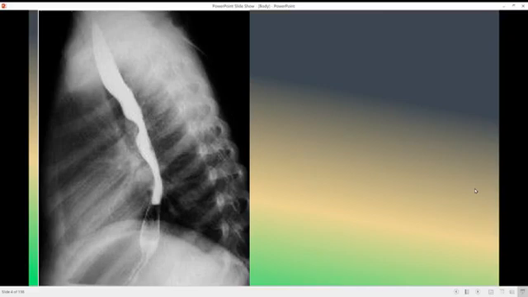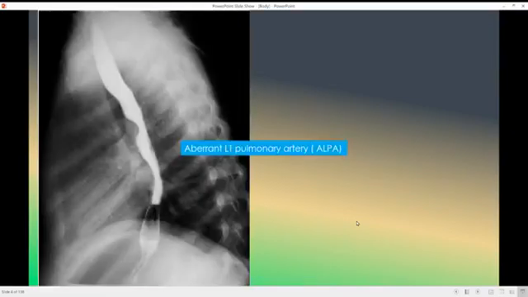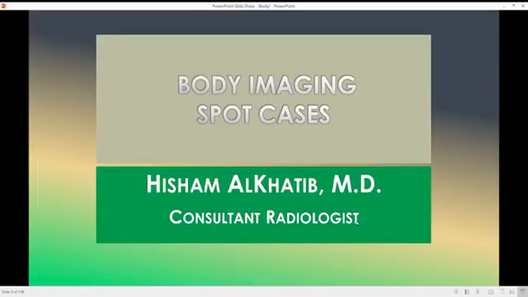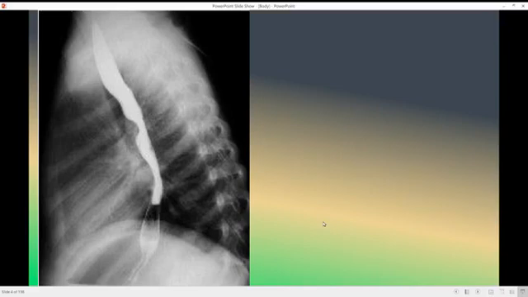This is a child. What do you think the patient has?